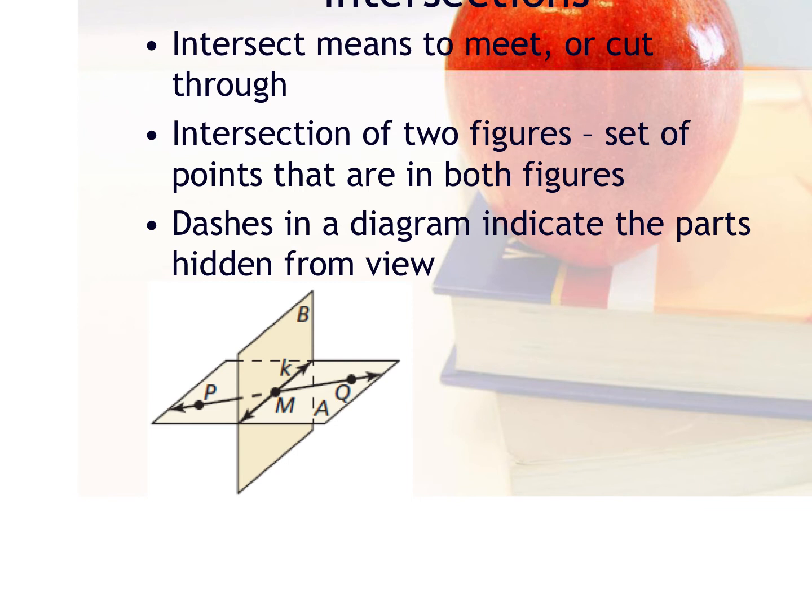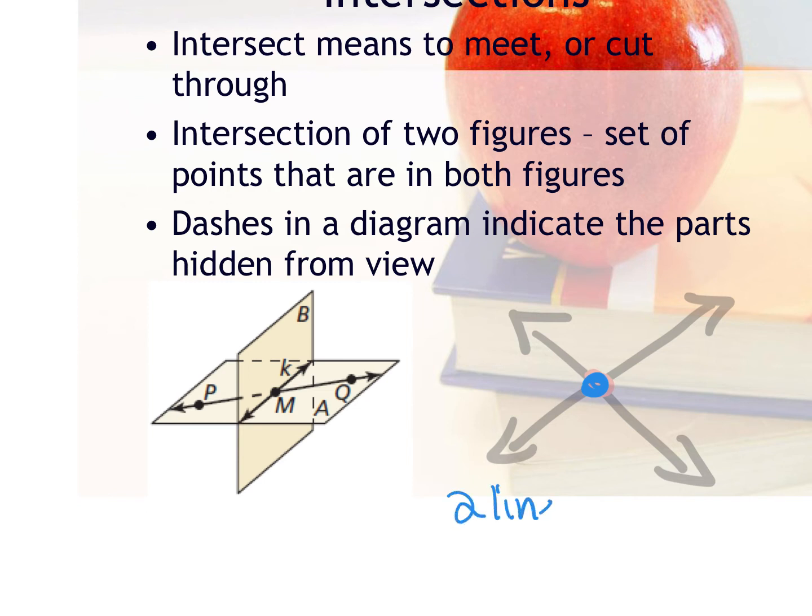However, let's talk about the intersection of two lines. When I have two lines, and they cut through or meet, the intersection of two lines is always a point. So two lines intersect at a point. And when I was describing the ceiling and the wall, remember I told you that two planes intersect at a line.